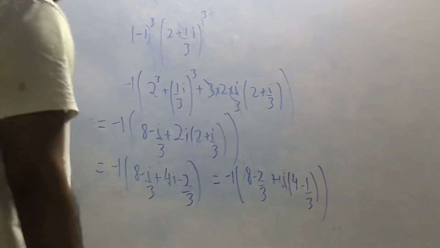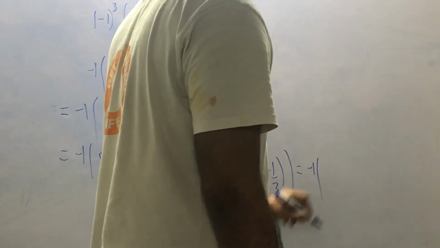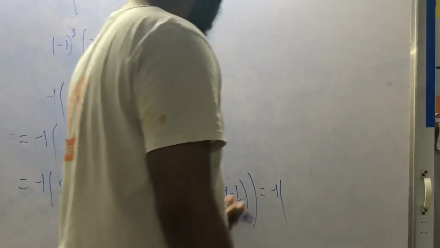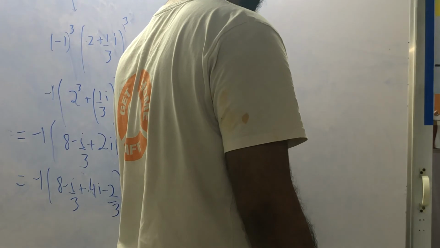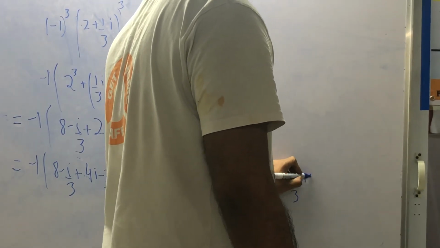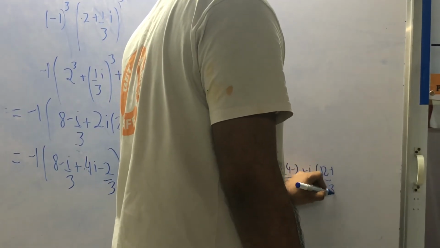Okay, just solve this now. Minus 1. Okay, 8 minus 2 by 3 is 24 minus 2 by 3 plus iota into 12 minus 1 by 3.